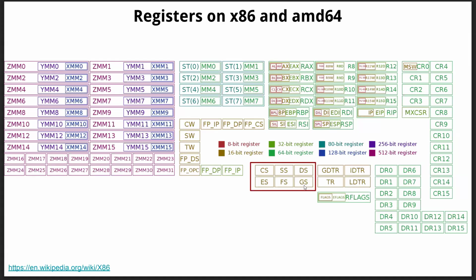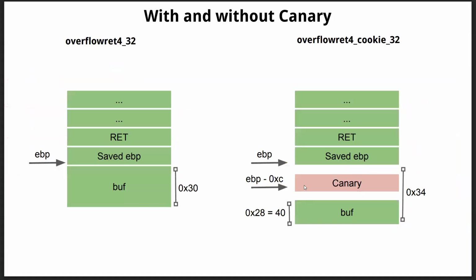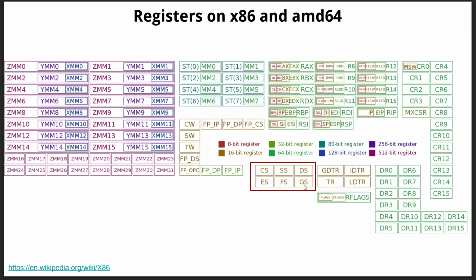But now we have MMU, we have paging, we don't really use them that often, or we use them for different purposes. GS and FS are not really used for the same purpose as CS or SS. So GS is a register we use to store something we call thread local storage, I believe.